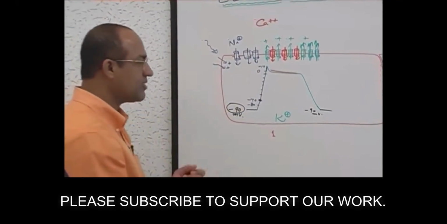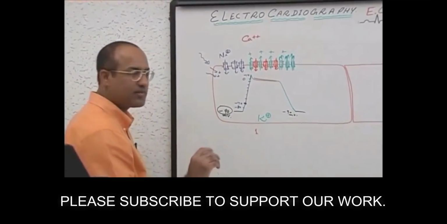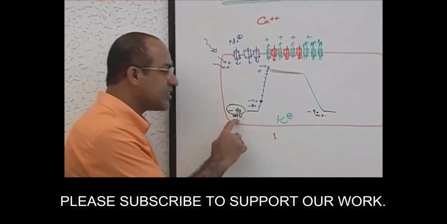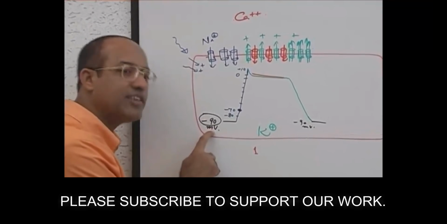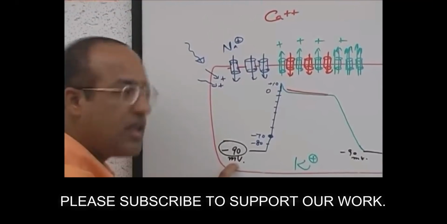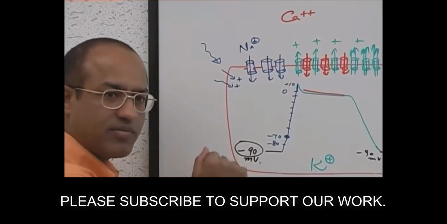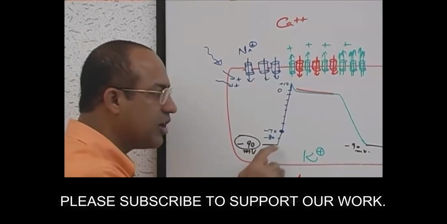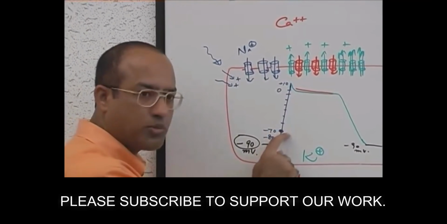Let's revise it again. What really happens? This was a resting myocardial cell. It had a resting membrane potential of minus 90 millivolt. When it was appropriately stimulated, some cations trickled in. These cations took the resting membrane potential to threshold potential.